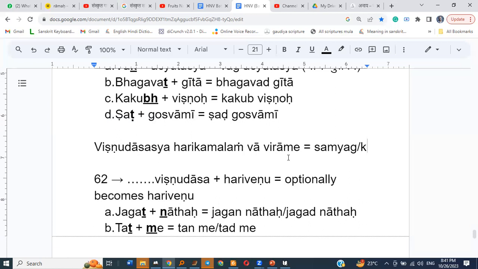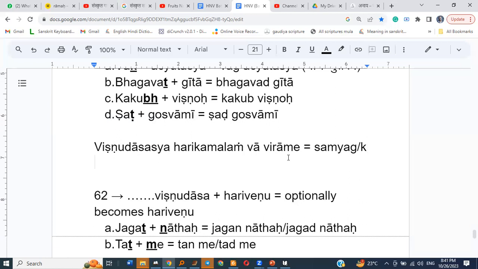Like for example, if you see the verbs, like let's say abhut or apatat, any dhatu. Here, this Vishnu Dasasya Harikamalam Va Virame is optional for the nouns to convert the last letter into Harikamala or Harigada.